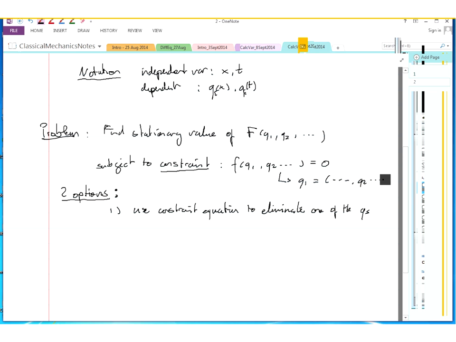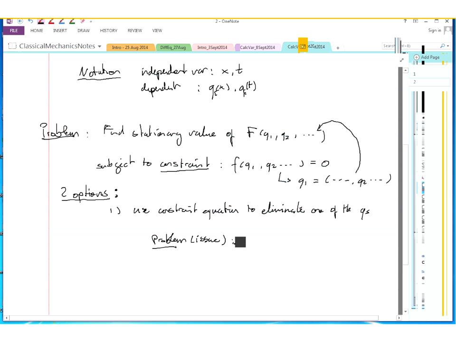Presumably, I can use this equation to say q1 equals something that depends on the other q's. Then I can substitute this back into f, and f would be a function of only q2, etc. Then I can apply the condition we had before and set its partial derivatives with respect to all the other variables equal to 0, and the problem is solved. This is a perfectly valid approach, and it works.